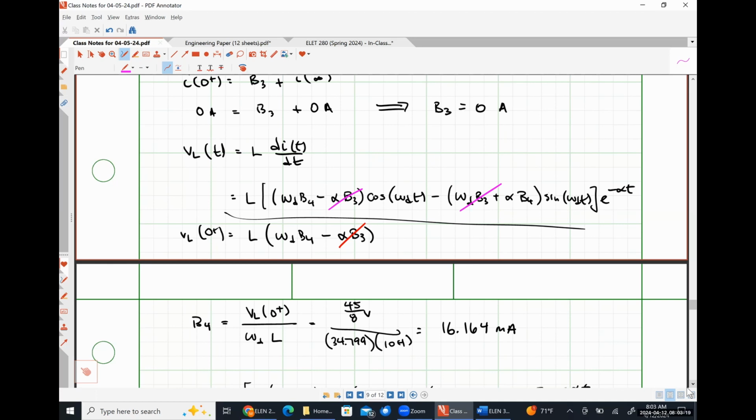So 10 times x times 45 over 8, divided by 10x.